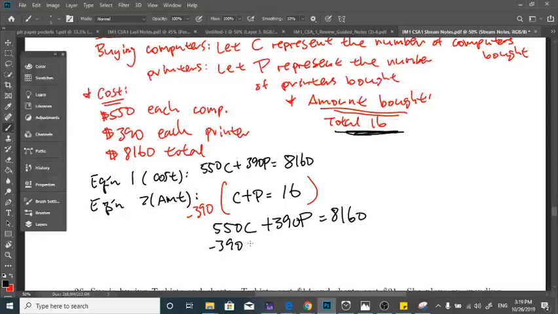Negative 390c minus 390p equals, this is one of those things you're going to use a calculator on. 16 times 390 is going to be, and it's negative, so negative 6240.